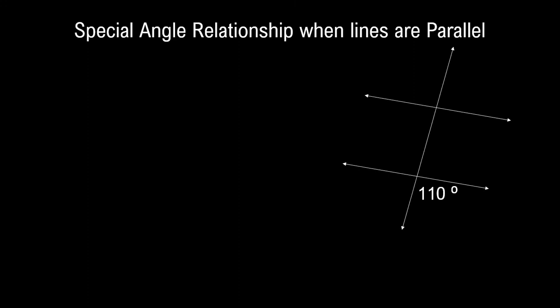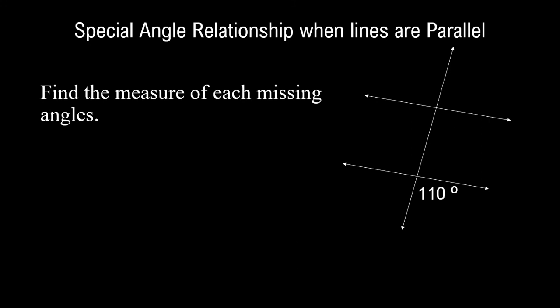This time, I gave you an angle measure, and what we have to do is find the measure of each missing angle, given that one of the angles is 110 degrees. We have 8 angles formed when parallel lines are cut by a transversal and the first angle is given, so we have to find the measurement of 7 angles.